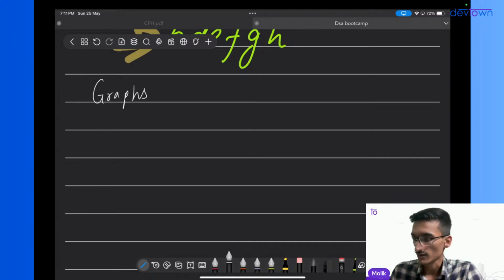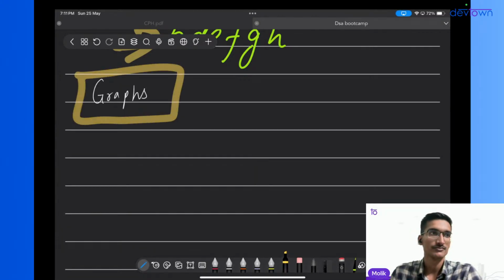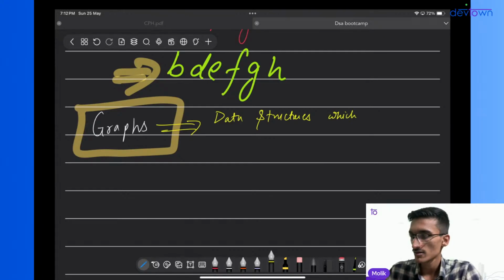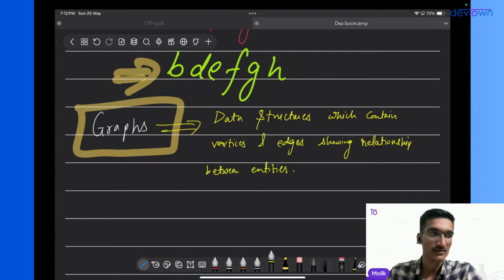Today we'll be talking about graphs. Graphs are basically data structures which contain vertices and edges showing relationship between entities.